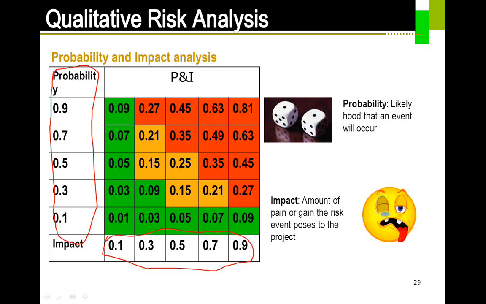Now, if you look at the colors carefully, you can see red here, amber here, and green here. Again, these colors change from organization to organization, project to project. There is nothing which you need to follow blindly. You can change it according to the organization's needs. How we are going to use this, I'm going to touch upon in the next slide.